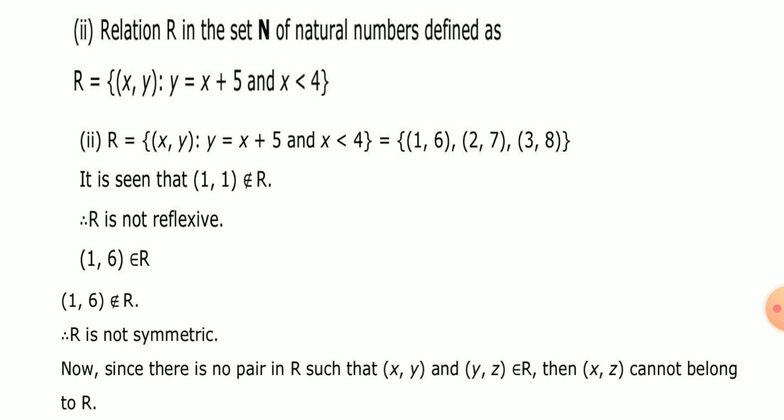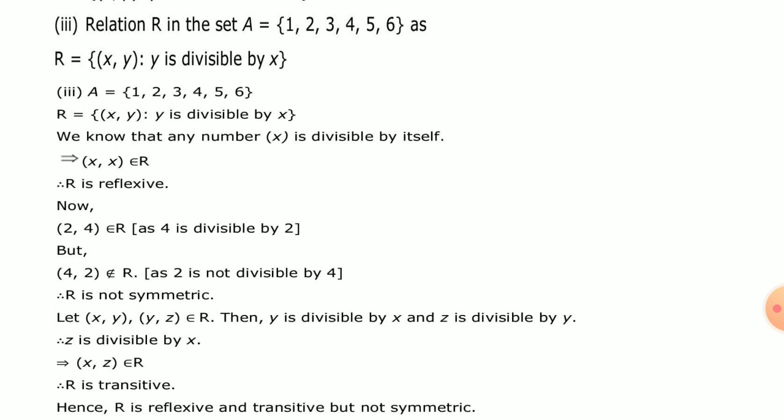Next, third one: relation R in the set A equal to {1, 2, 3, 4, 5, 6} as R equal to the ordered pairs (x, y), where y is divisible by x. Here set A is equal to {1, 2, 3, 4, 5, 6} and relation R is equal to the ordered pairs (x, y), where y is divisible by x.